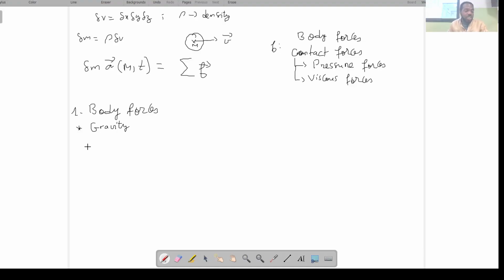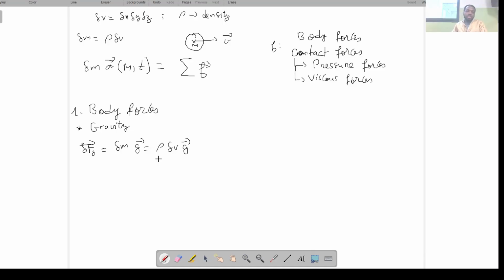So the gravitational force acting on this fluid element is delta F sub G, which equals delta M times G, which is rho times delta V times G.